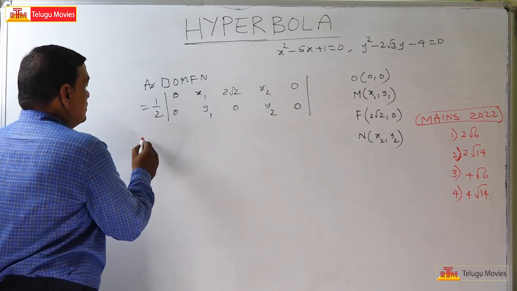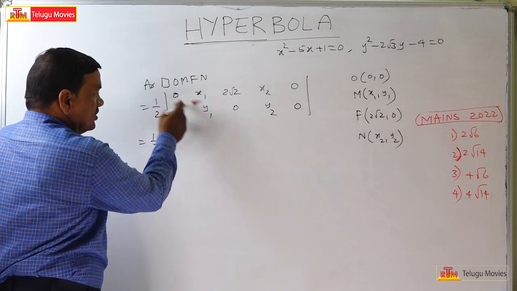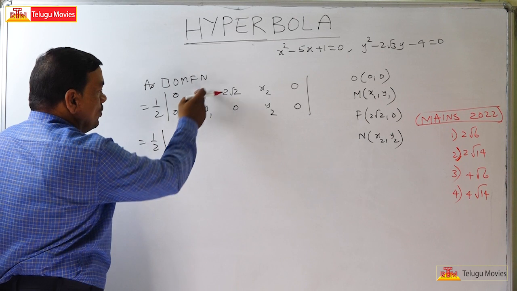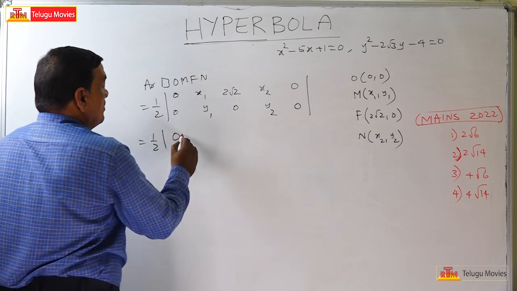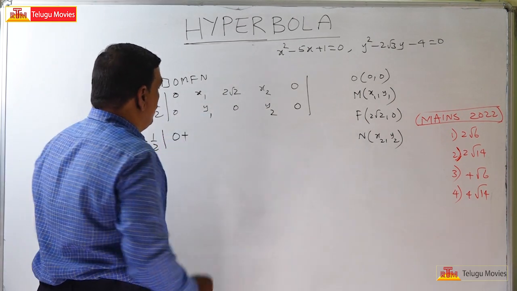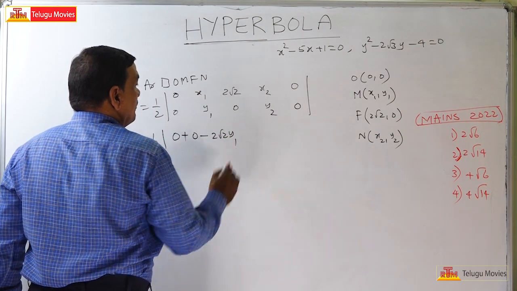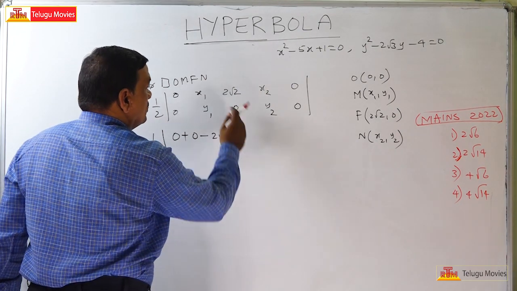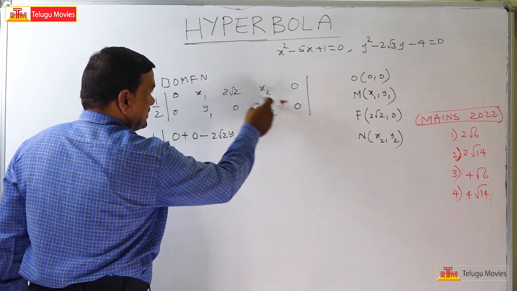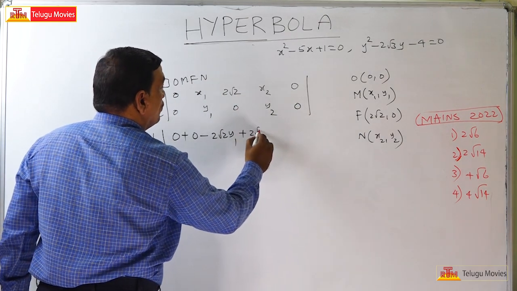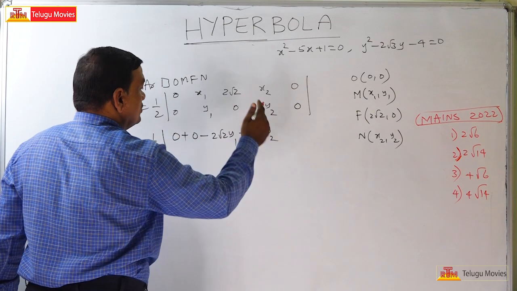Now let us find out this half modulus. This is a determinant. This is 0, this is also 0 you will get, plus next one, this is 0 minus 2 root 2 y1. This is plus 2 root 2 y2. This is 0, leave it.